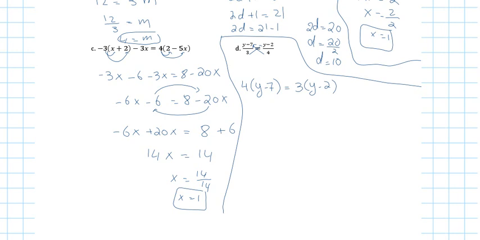So what do we want to do now? Distribute. So 4y take away 28 equals 3y take away 6. So I distributed by multiplying that monomial by the two terms of the binomial.